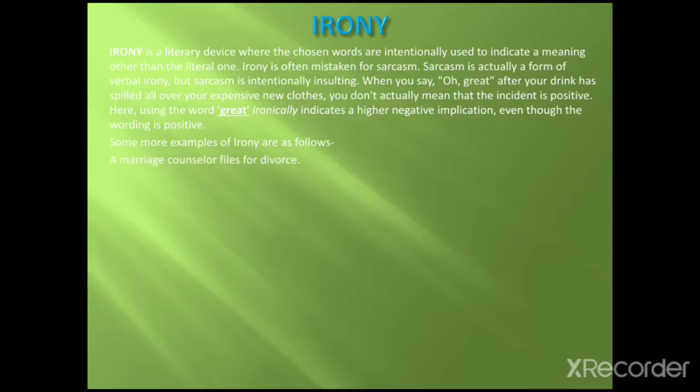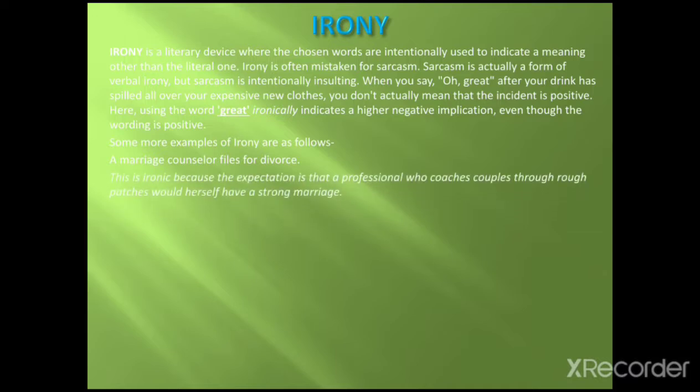A marriage counselor files for divorce. This is ironic because the expectation is that a professional who coaches couples through rough patches would herself have a strong marriage. The police station gets robbed.